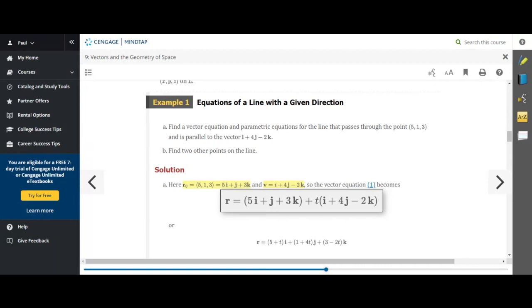It has a variable t in it. T is your parameter. So the vector equation would be 5 plus t times i plus 1 plus 4t times j plus 3 minus 2t times a vector k. Are there any questions?